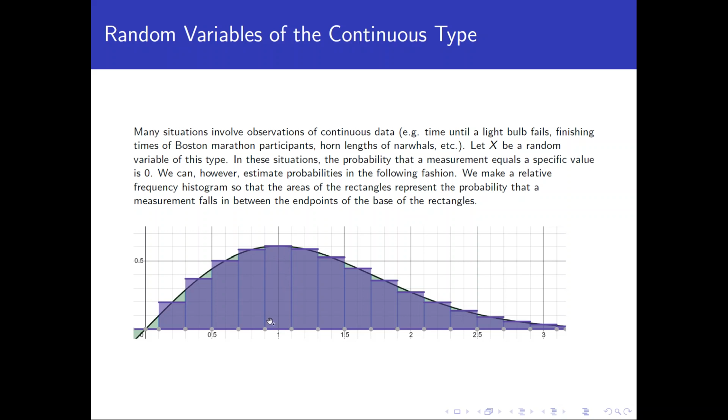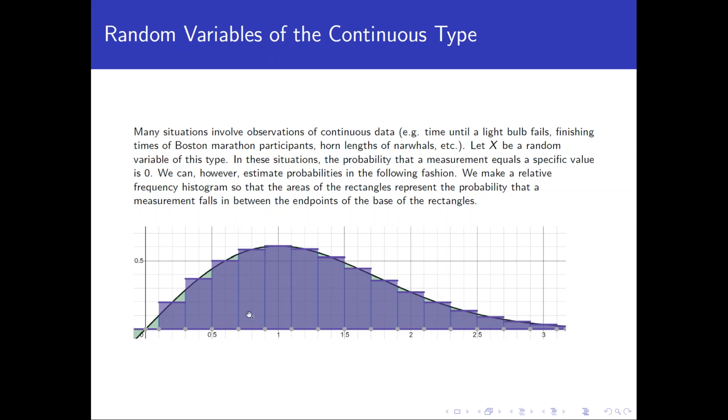Okay, that's what we mean by the areas. The height of this rectangle is 0.6, the base is 0.2. So we would multiply those together and get the area here, estimating the probability that we're between 0.9 and 1.1 in this case. So these areas are going to end up adding to 1 if it's going to be a probability function.